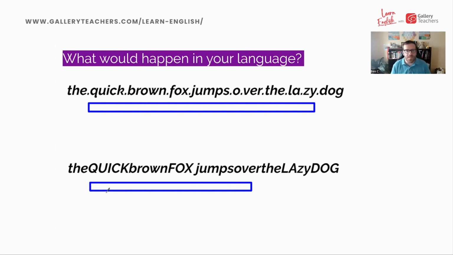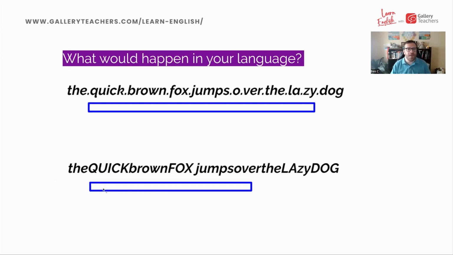So generally speaking, when we talk about stress in a language, we can think about two different stress patterns. The first one at the top is very regular. I have put a full stop between all of the syllables in the sentence.